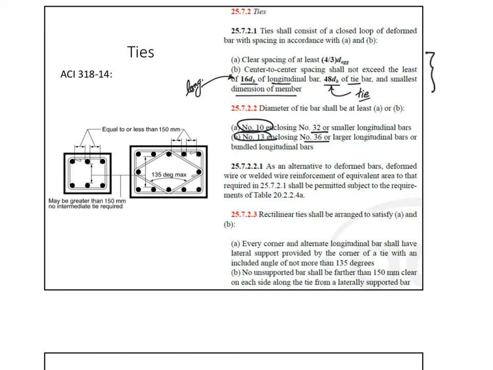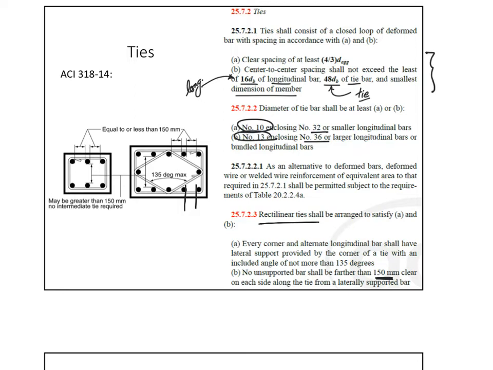If the clear spacing between the bars is more than 150, then we have to hold every bar. If it is less than 150, then we hold every other bar. Then we said rectilinear ties shall be arranged for this 150 clear spacing alongside the two sides.